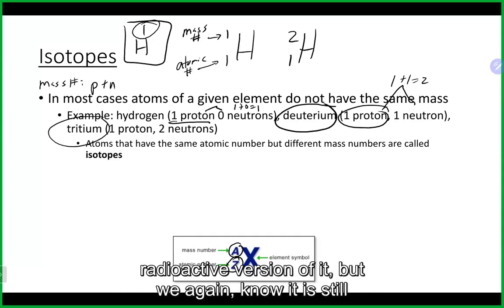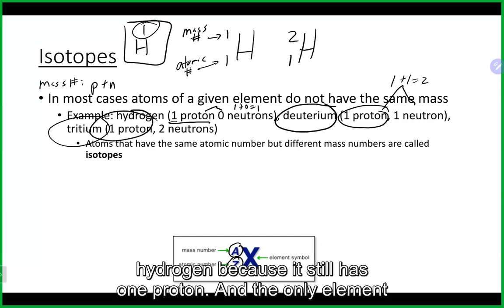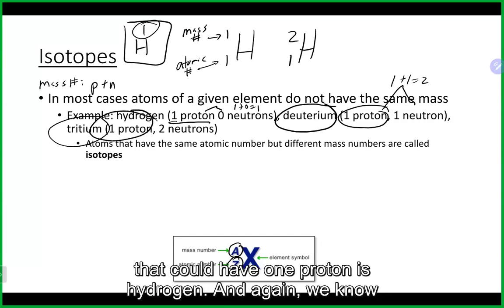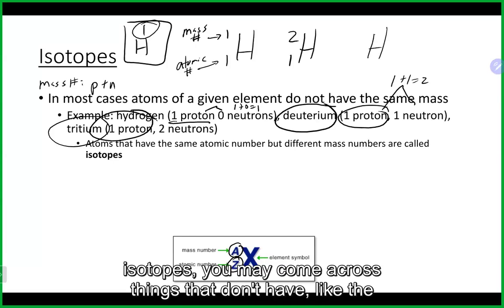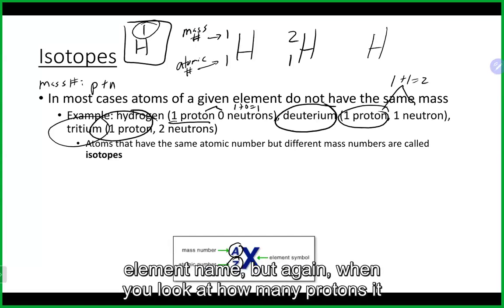Now we come to tritium, which again doesn't sound like hydrogen at all. This is the radioactive version of it. But we again know it is still hydrogen because it still has one proton. And the only element that can have one proton is hydrogen. So again, with isotopes, you may come across things that don't have the element name.